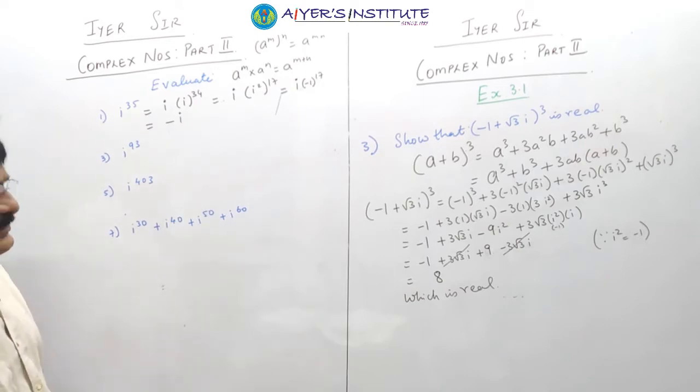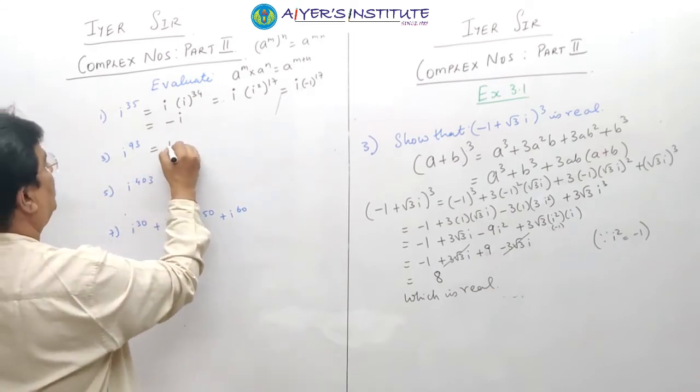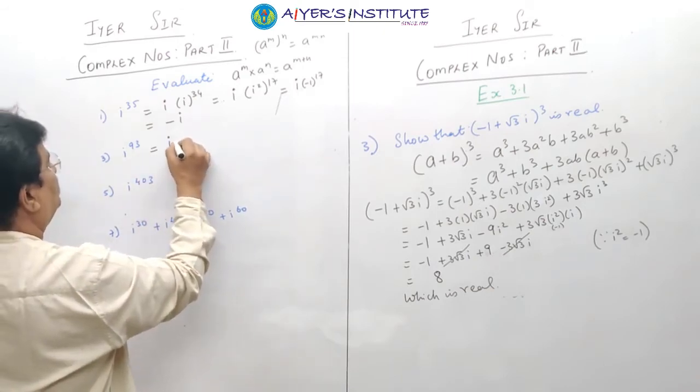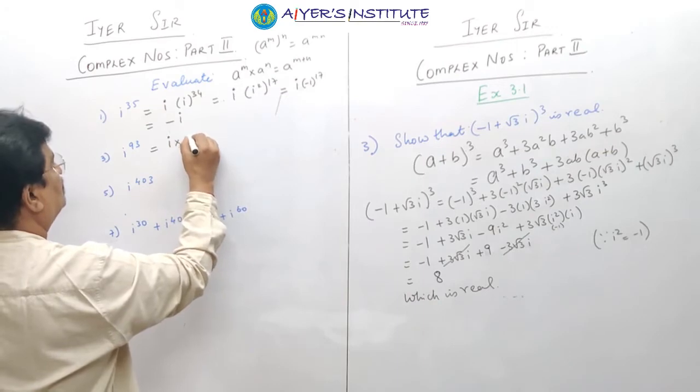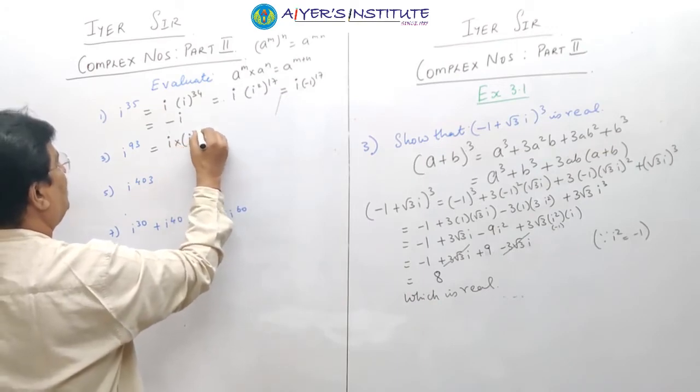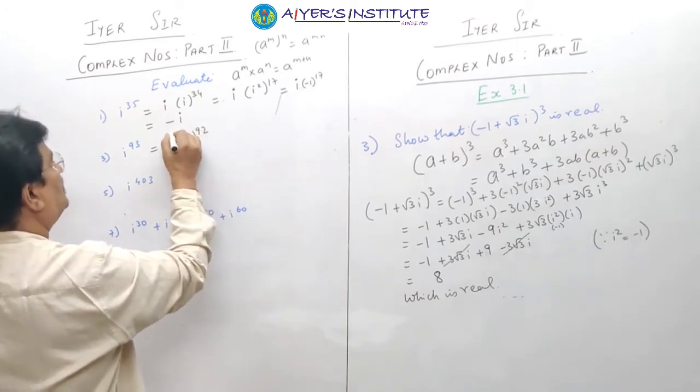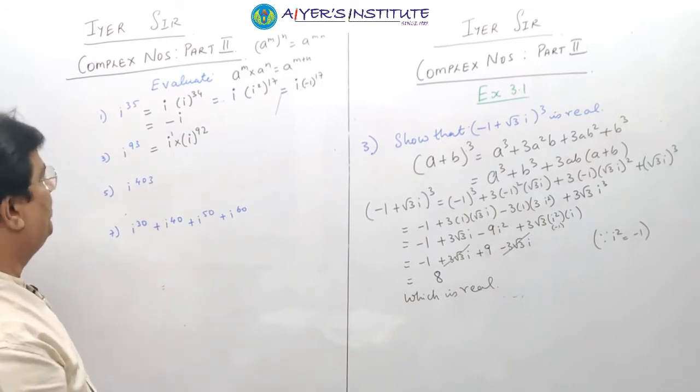You go to the next one. I have written odd numbers. Even numbers you will be doing for homework. Here again, separate the i. i raised to 92. 92 plus 1 is 93.